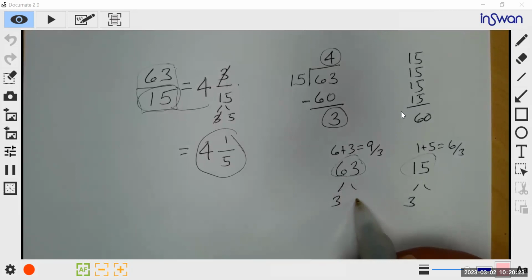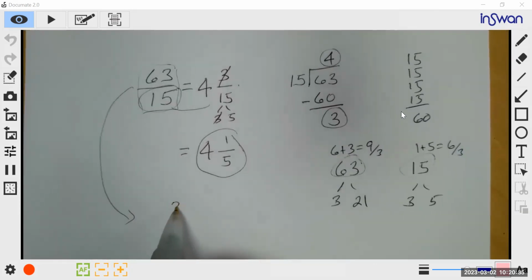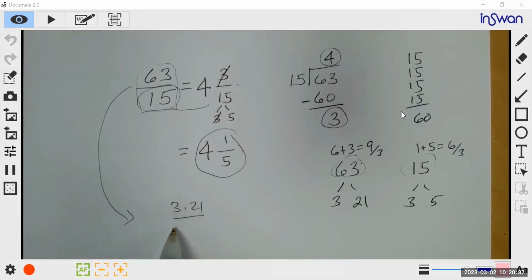3 goes into 6 twice. 3 goes into 15 5 times. So this number actually becomes 3 times 21 over 3 times 5.